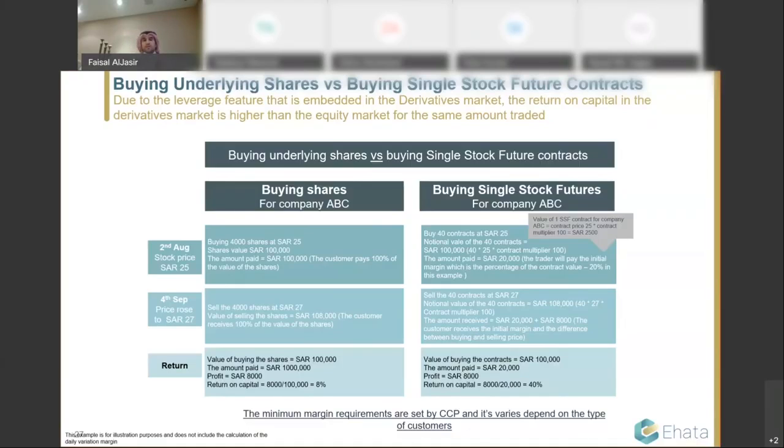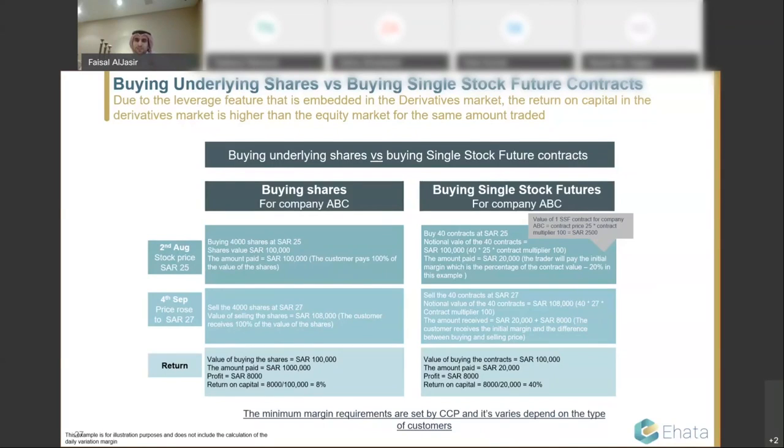You just sold 4,000 shares, and how much did you gain? You gained 8,000 riyals, and I guess that's straightforward. However, look at the return on capital. You invested 100,000 and just gained 8,000, and that constitutes 8%.